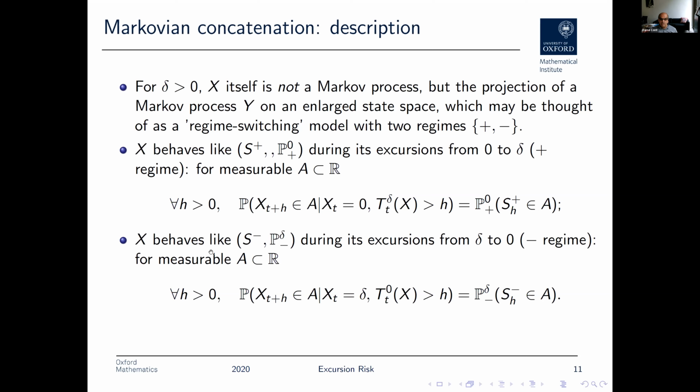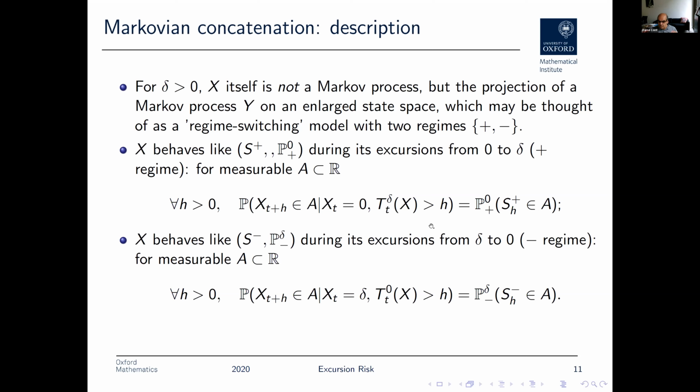And second, X behaves like S minus starting from delta during its excursions from delta to 0. This is the minus regime, which means exactly the following. If I start from delta at some point t until I reach 0, the transition probabilities will coincide exactly with the transition probabilities of the process S minus between 0 and h.